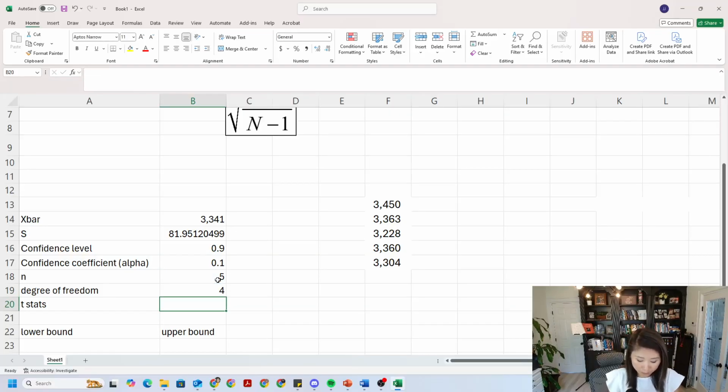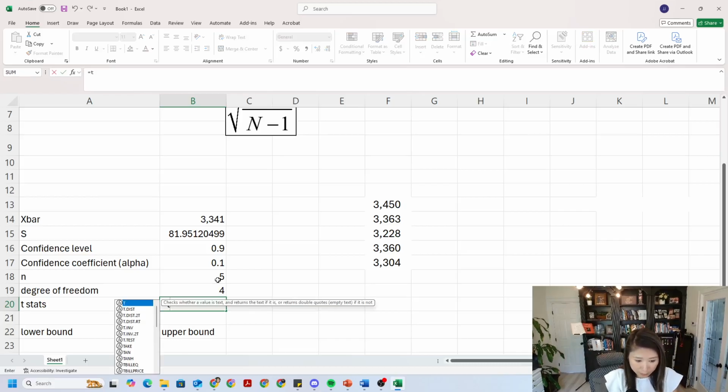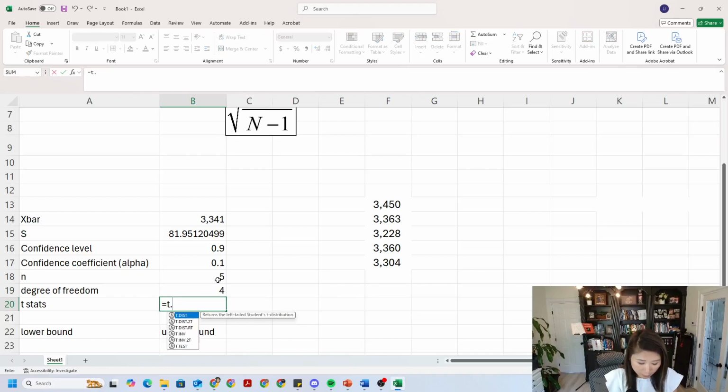Now we are able to use the t stats. The t stat is equal to T.INV.2T. Again, if you don't remember, this part of learning really counts on you to practice a lot. We have a lot of formulas on the PowerPoint, and also some formulas in Excel. Make sure you remember all of them. The best way to remember them is to keep repeating and follow my video to practice.